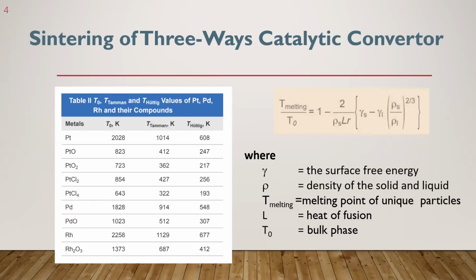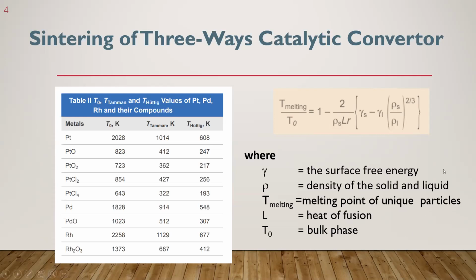Sintering of active precious metal nanoparticles is closely related to reaction temperature and the size and composition of the nanoparticles. When a quasi-liquid layer forms on the crystal surface, migration of atoms in the crystal will occur at the Hüttig and Tamman temperatures of the bulk phase, which are often used to describe the temperature at which atomic migration and particle migration can occur.